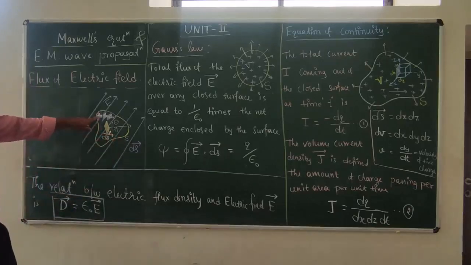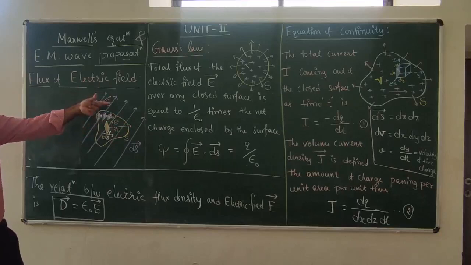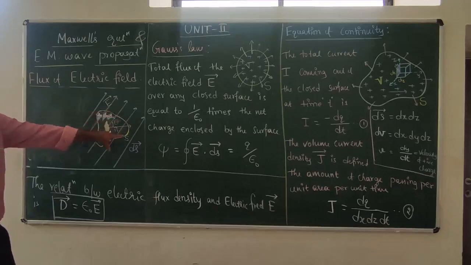In the previous case the areas are ds1, ds2, ds3, like that, and in each surface we calculate the flux, then add those values to get the total flux through the entire area S.